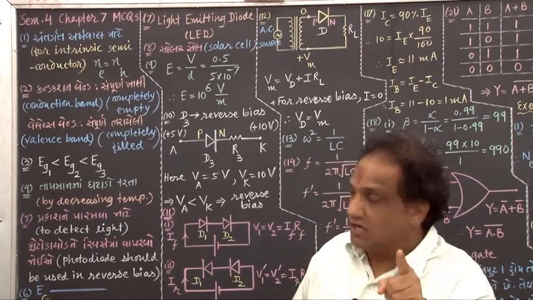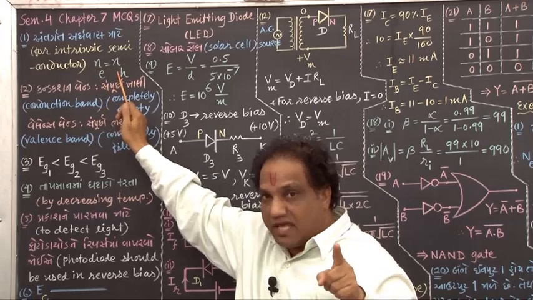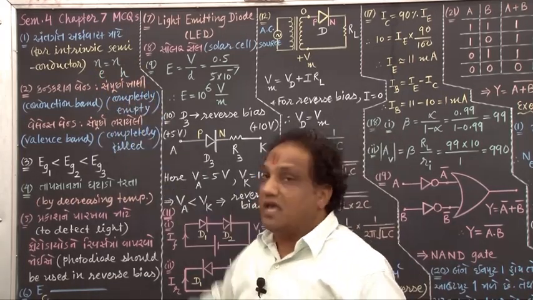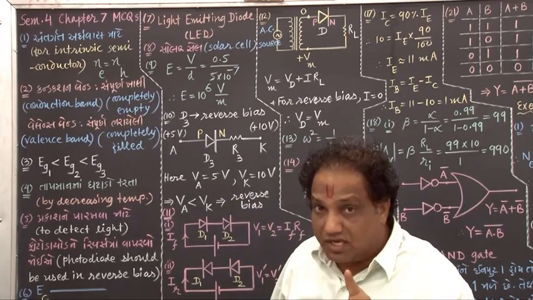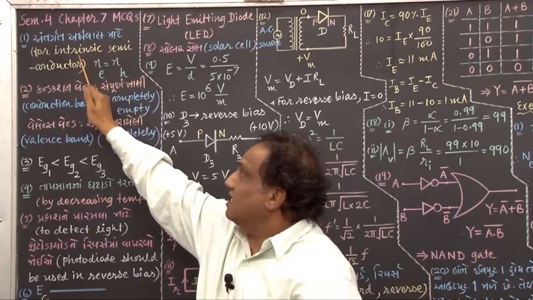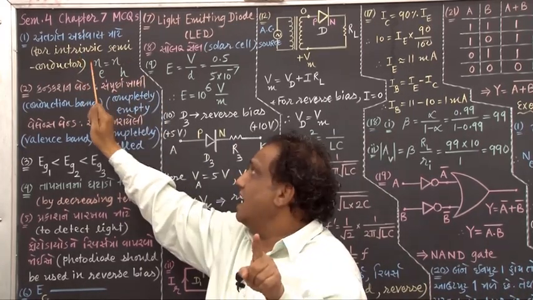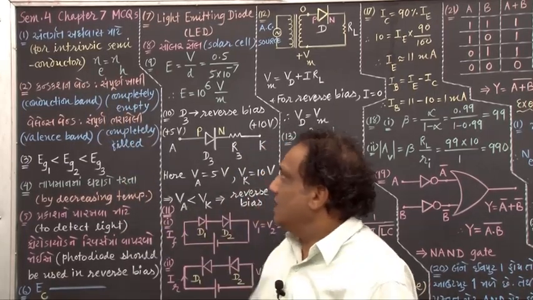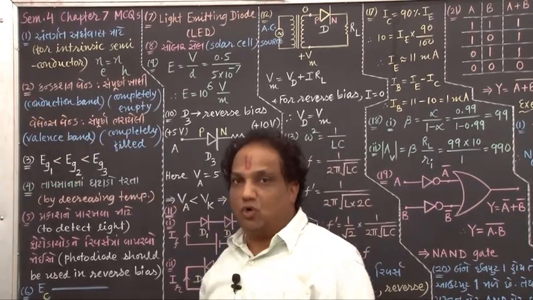For N-type semiconductor, Ne is greater than Nh, and for P-type semiconductor, Nh is greater than Ne. Remembered? But this thing is true for extrinsic semiconductor. Right now they are talking about intrinsic semiconductor, for which Ne equals Nh. Got it? Fine. Now kindly read the statement of number 2.